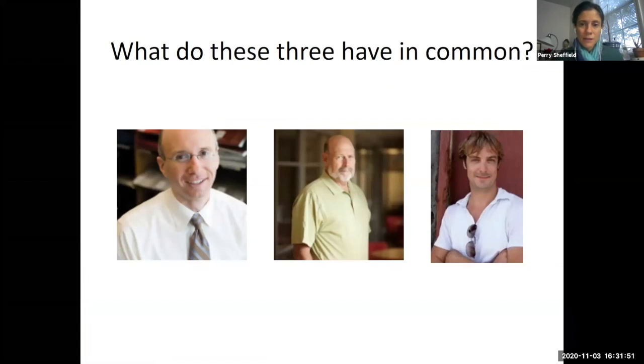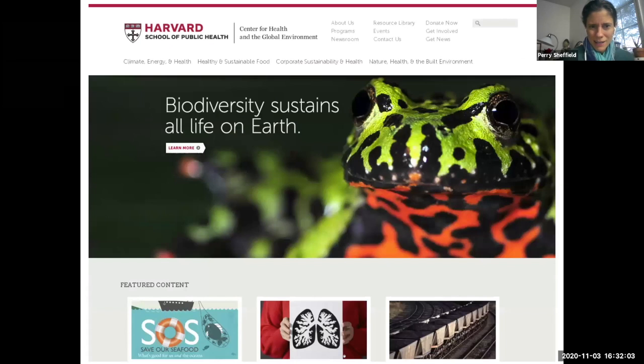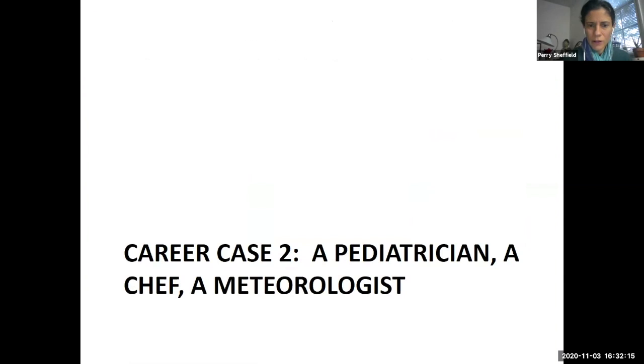All right, second career case, this time it's a threefer. These three white guys have what in common? I wouldn't really expect any of you to know them, but maybe. They all currently work at, lead, or have been involved with the Harvard Center for Health and the Global Environment, which is a really cool, innovative center. I'm going to call out the pediatrician of these three, Ari Bernstein.